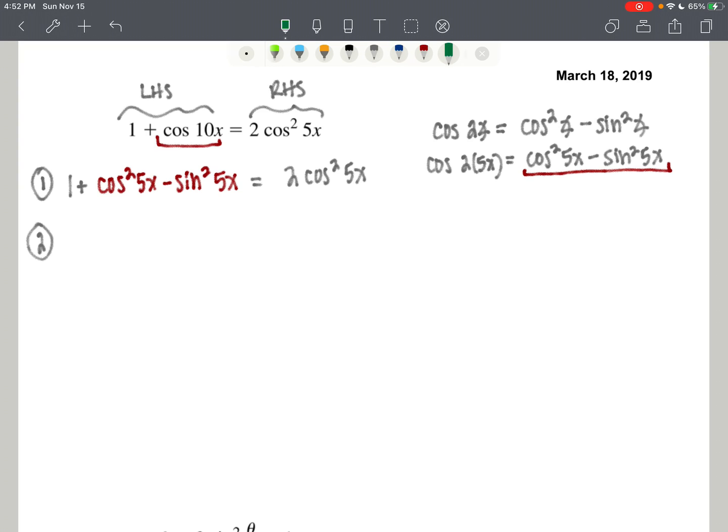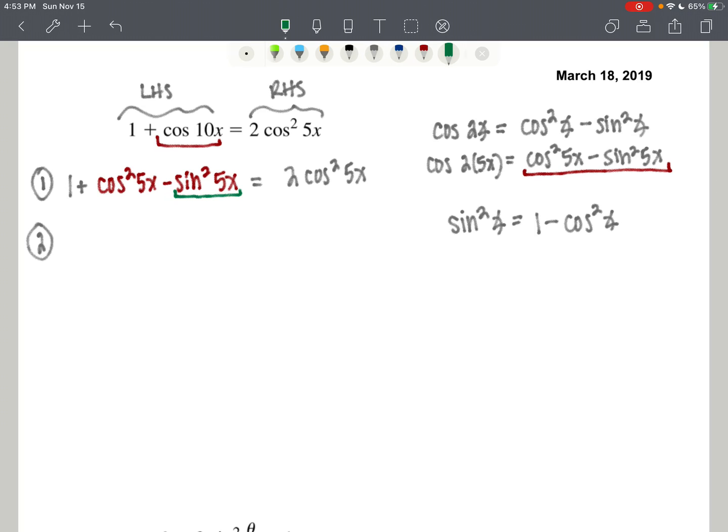So I need to replace this sine squared of 5x with something that I hope will be just in terms of cosine. So sine squared of an angle is equal to 1 minus cosine squared of that angle. That's a Pythagorean identity coming from sine squared plus cosine squared equals 1.